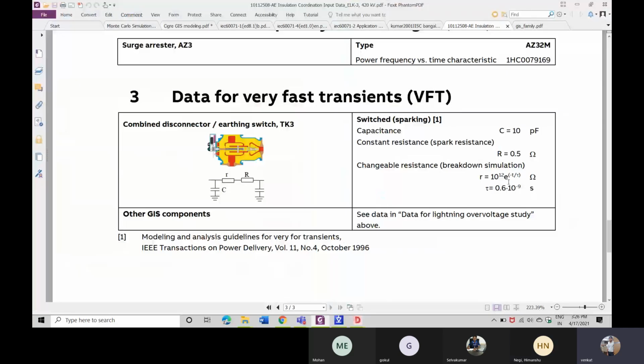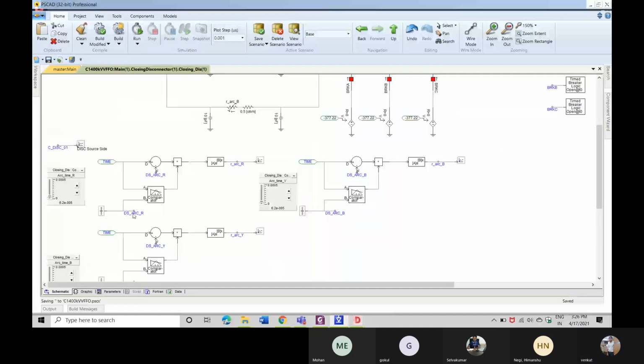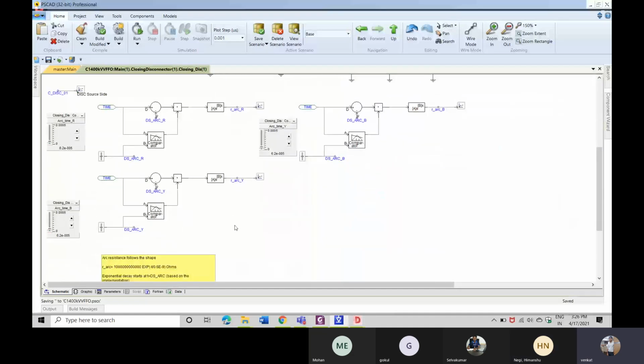The other part which we have used is for the decaying path. For that, we have used the exponential path, and I have put the same value there. It will be getting input from here.